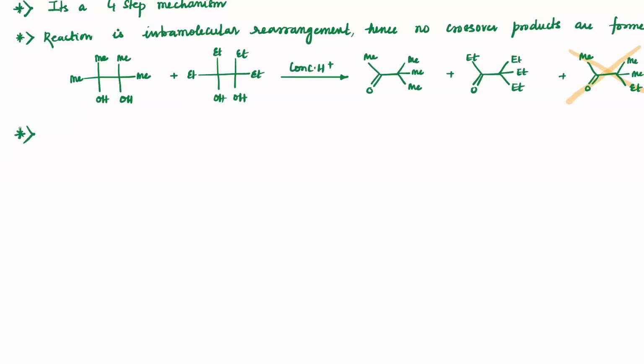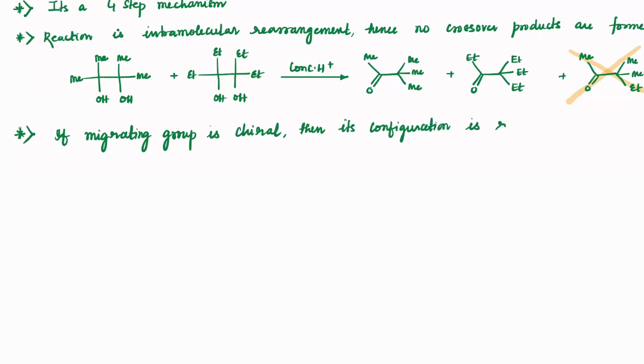Second, next point. If the migrating group is chiral, then its configuration is retained.